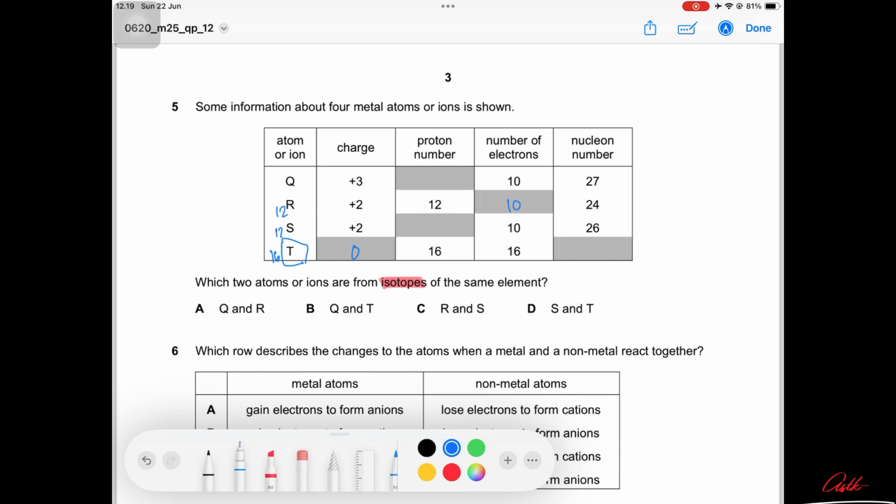Go to Q. Q has 10 electrons but a 3 positive charge. It means Q has 13 for the atomic number, different from R and S. So, what is the answer? It should be option C, R and S.